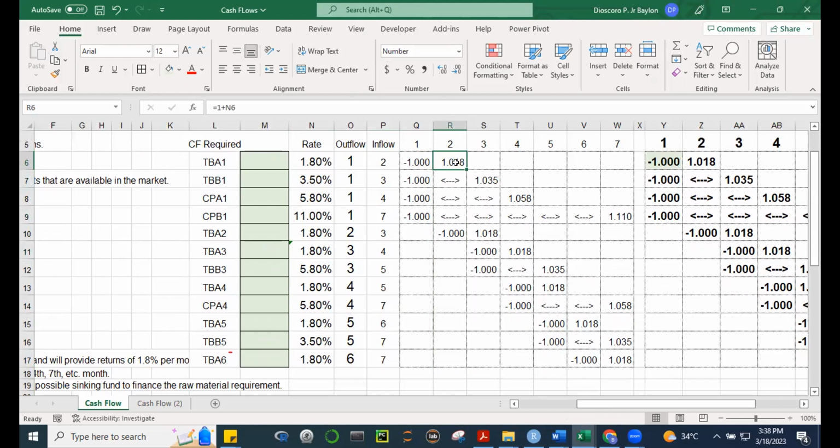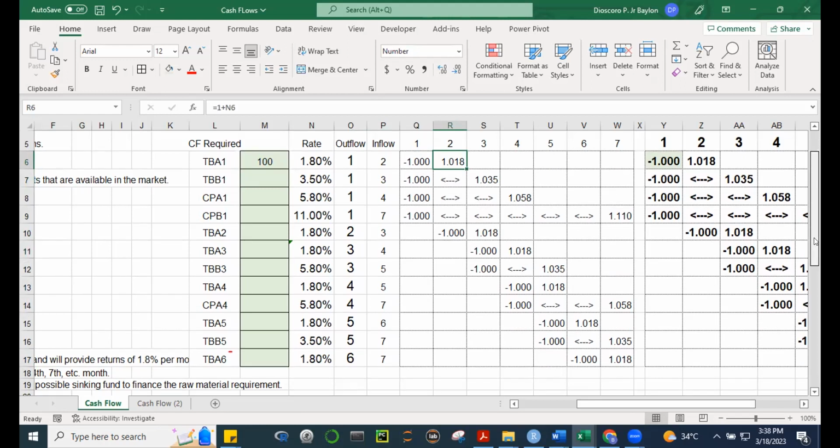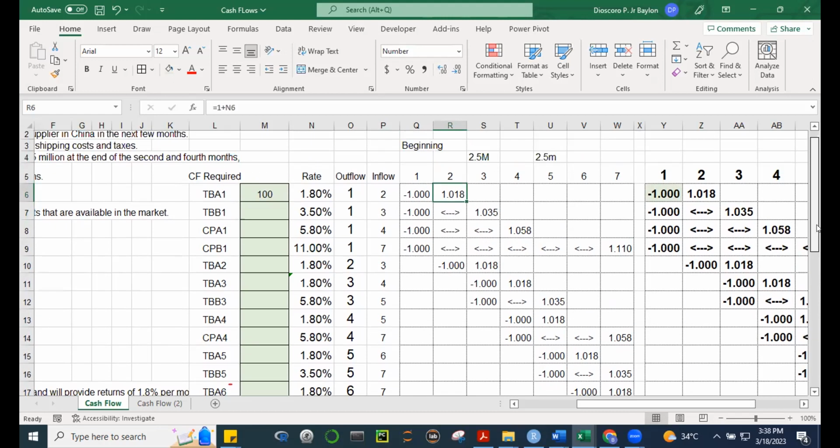It's the rate multiplied by whatever you will invest in TBA1. Suppose this is 100 pesos or 1,000. So you will invest this in month 1. What will happen to this one? In month 2, it will become 101.8 because you have this factor, right? It will be an inflow. Correct?